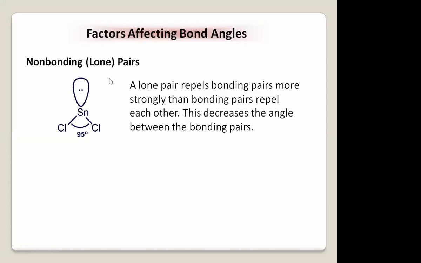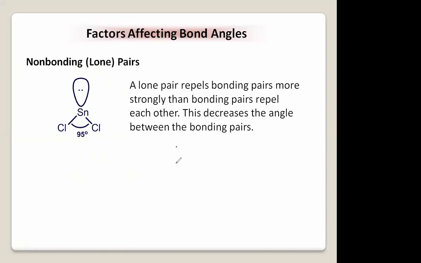But let's look at what happens when you have a lone pair, like we did in the case of AX2E. In this case, we have tin dichloride. In tin dichloride, you have an sp2 hybridization. It's supposed to be a trigonal planar structure.